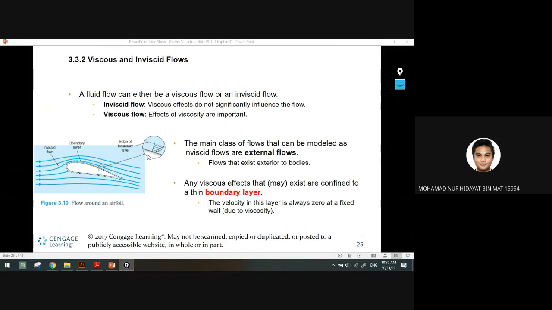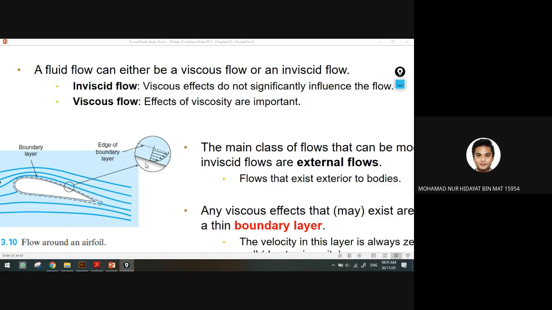Okay? In the viscous effect, the flow will be like this. You can see this is the velocity profile, and this is the surface of the aerofoil. The velocity near the wall is 0. Away from the wall, the velocity tries to develop, increasing and further increasing.